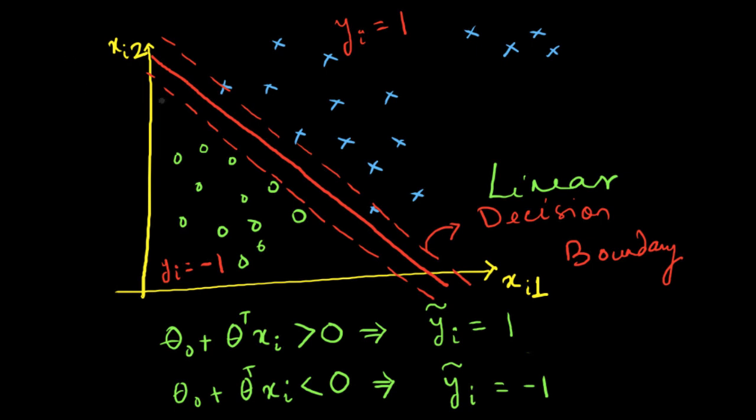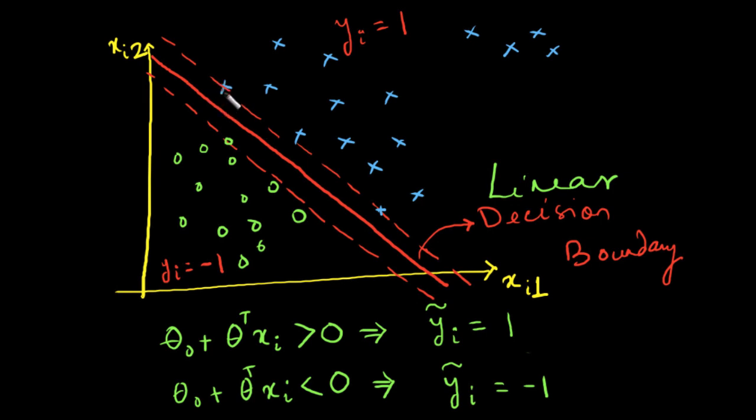So let's say there is a point over here also, and this point is actually on the margin. So now what we want to do is find a linear decision boundary so that the separation of the closest points from this boundary is maximized.